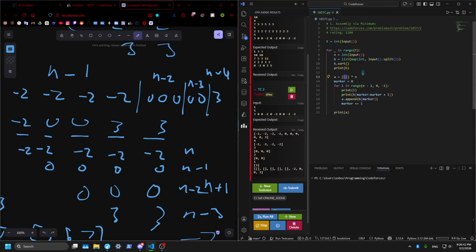So what we should do is A should be an empty array, for i in range this. Prev max is equal to -1.